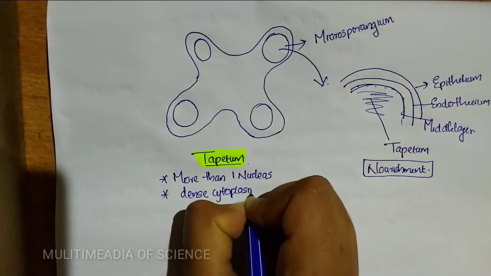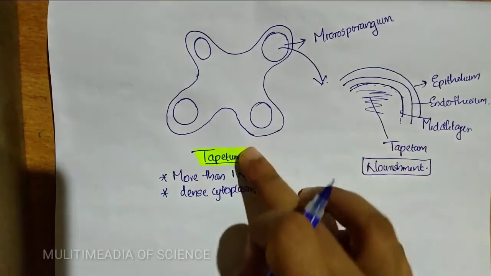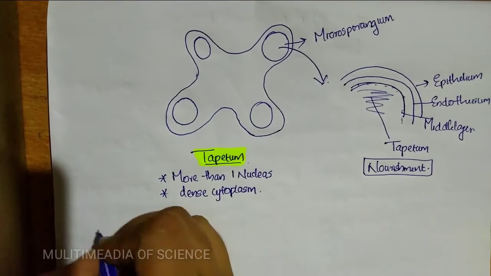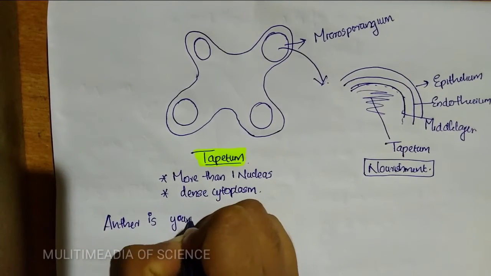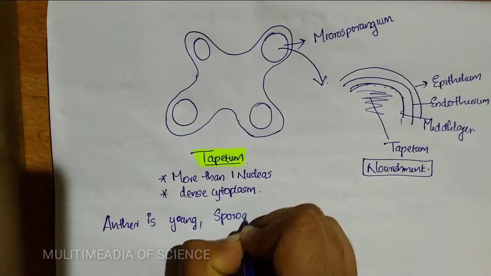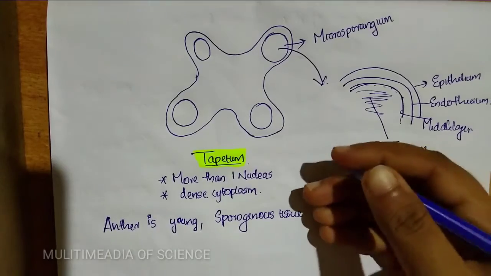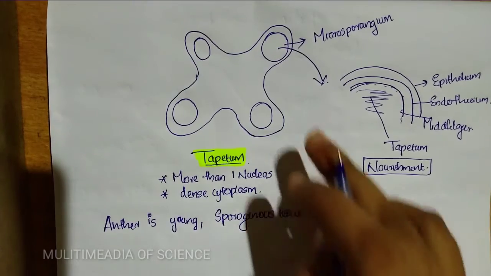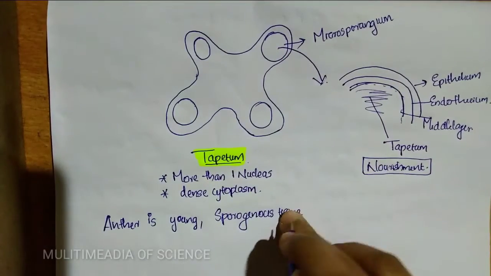Then, what is also important about the anther: when the anther is young, sporogenous tissue is formed inside, at the center of the microsporangium.